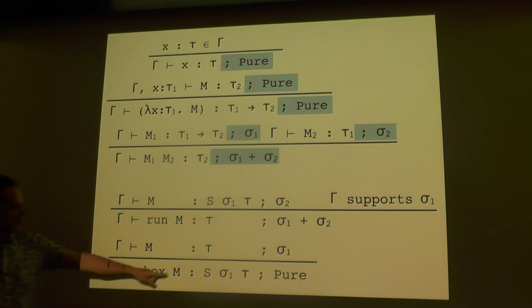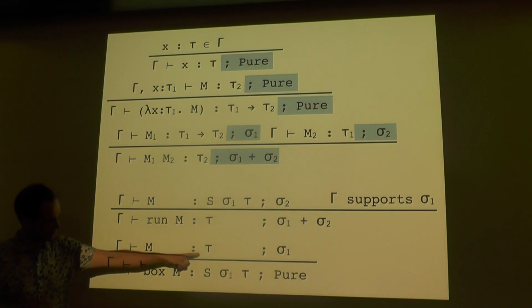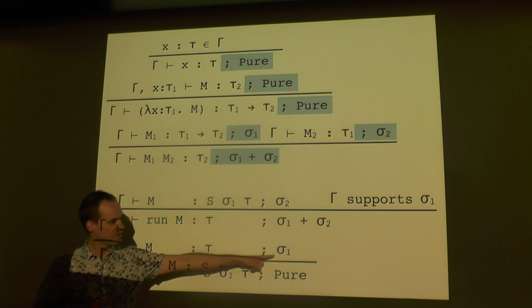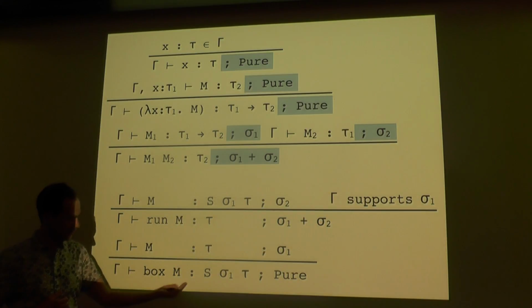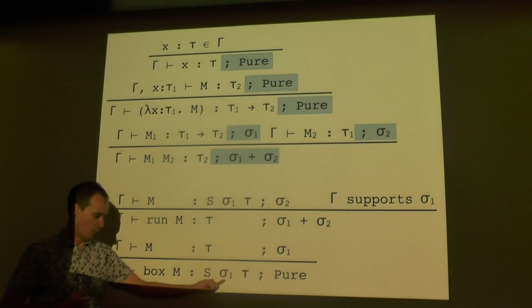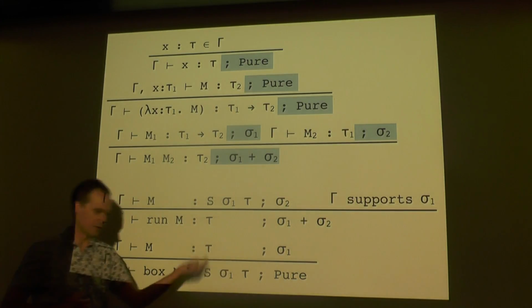And then when you box things up, if I have an effectful expression which, when it completes, will return a value of type tau, and when it does its computation, it has effects sigma 1, when I box it up, the result is a suspended computation which will have the same effects when I release it, and then it will return the type tau 1.